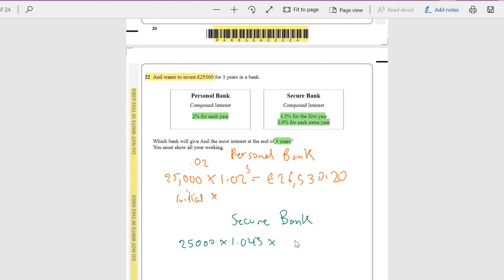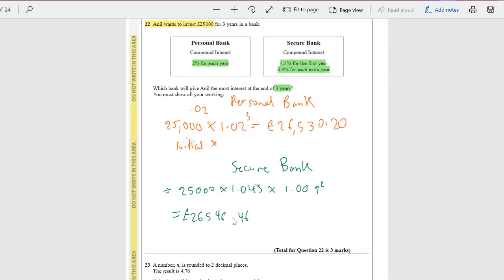Then you're going to multiply by 1.009, which is 0.9%, to the power of 2 for each extra year. Because it's a total of 3 years, 1 year refers to this, and the subsequent 2 years refer to that. So you will get 26,546 pounds and 46 pence.